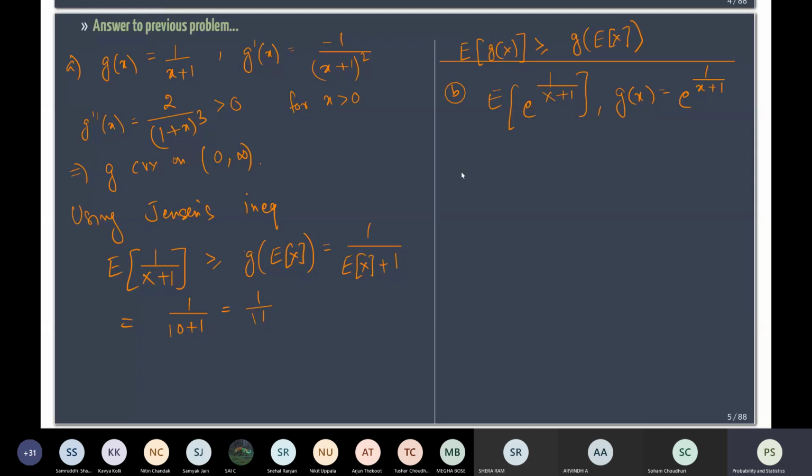It's like a chain rule you have to apply, right? So g prime of x, first of all, you treat it as e to the u and then du by dx, where u is 1 by x plus 1. So this is like minus 1 by x plus 1 squared, right?